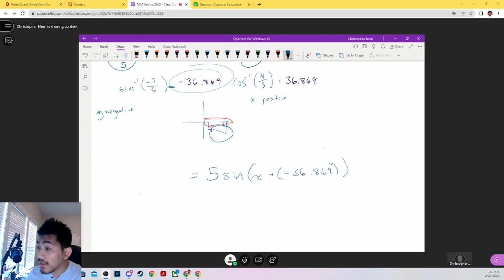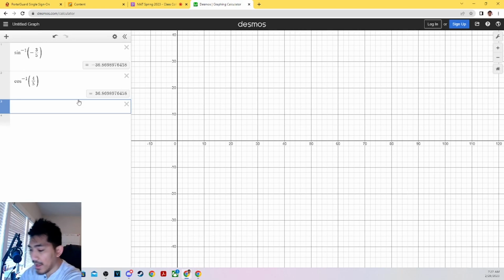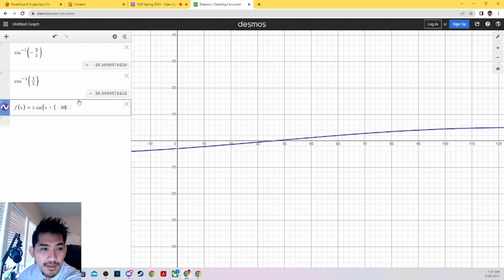And it's important you make sure you know the distinction, because let's verify this with the graphing calculator. If I want to verify that, I can type in f of x, a function with respect to the x variable, and now I'm going to use variable x. Find 5 sine of x plus negative 36.86989. I'm just giving you a bunch of decimals to give the idea.